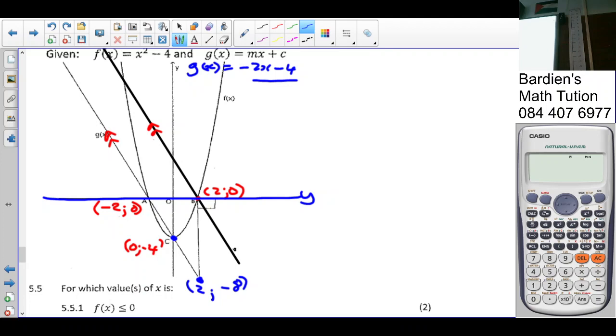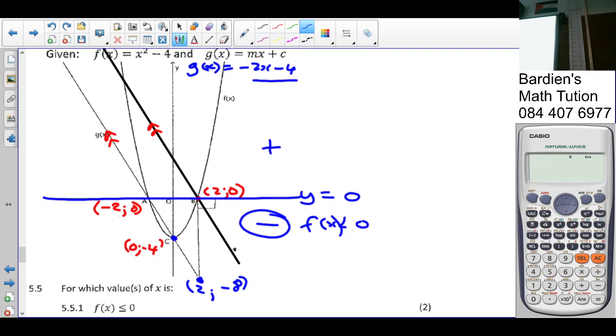So if it's negative, it's below the x-axis. If it's positive, it has to be above the x-axis. So if it's less than 0, it's below the x-axis. As we know, that's y is equal to 0. That is your x-intercept. So this part here, f of x will be less than 0.